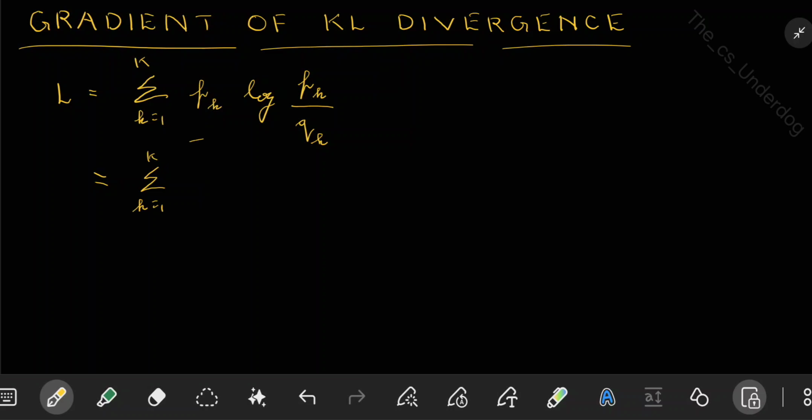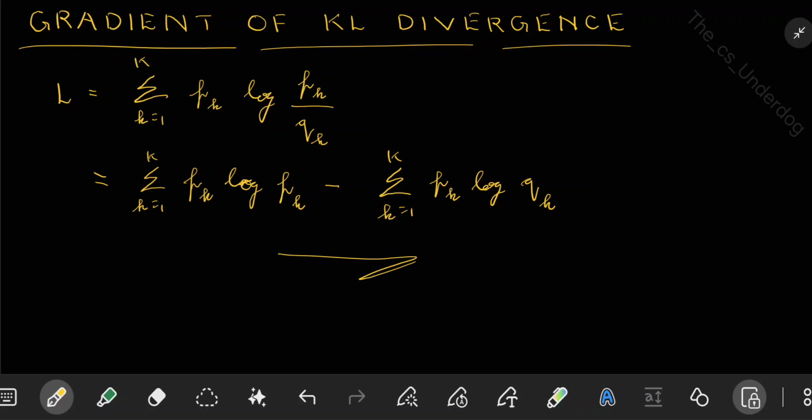One term will be pk log pk. I am going to split this. This will become pk log pk minus the summation over all the terms from k equal to 1 to k of pk log qk.